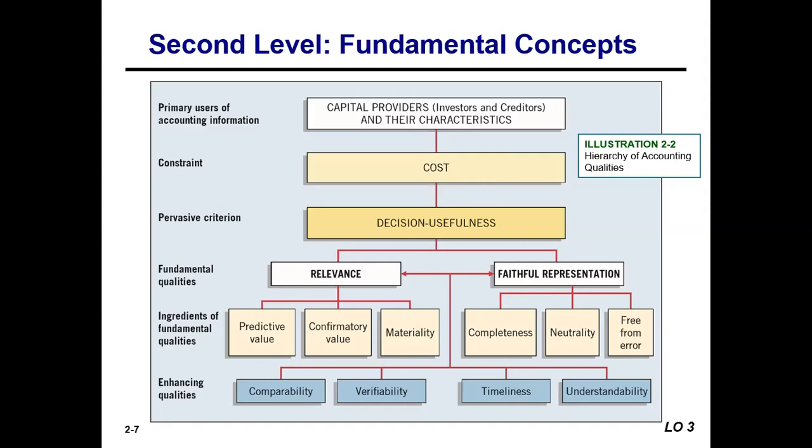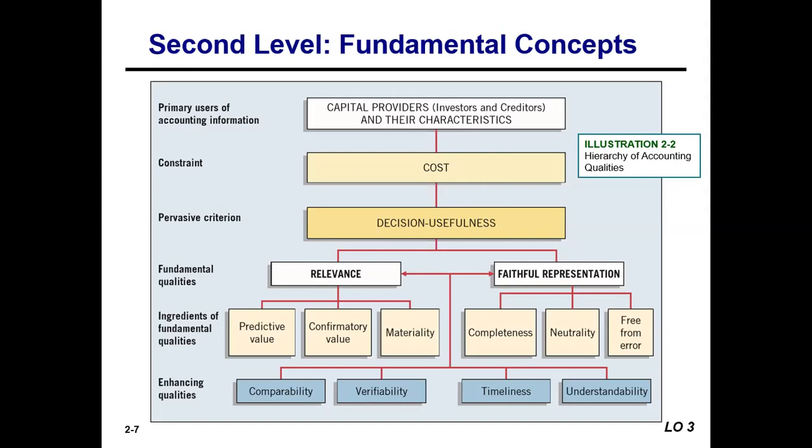So we can predict that revenue will increase 10% per year. But then when we get to the end of the year and Apple prepares and submits its financial statements, we can confirm that that's actually what happened, right? So confirmatory value is when we're able to confirm our prior expectations.